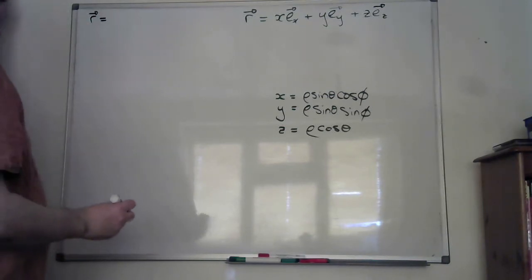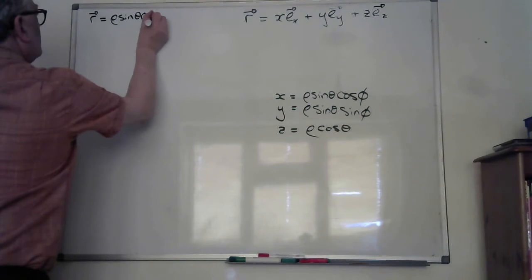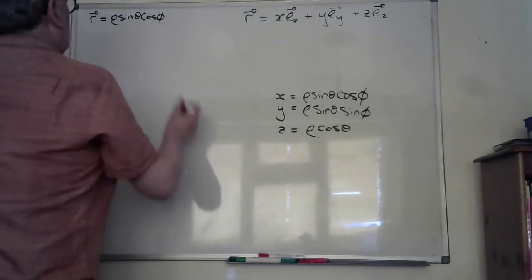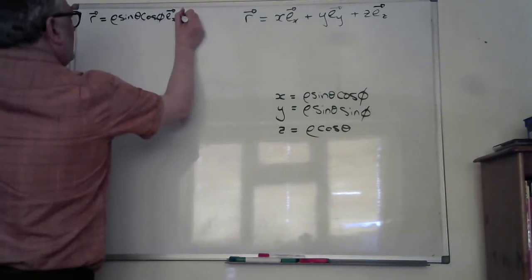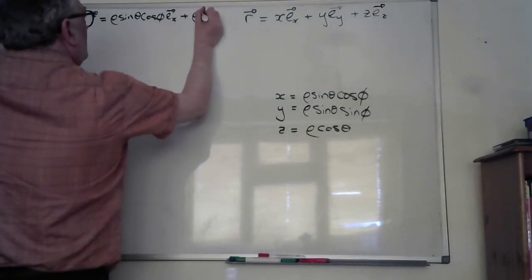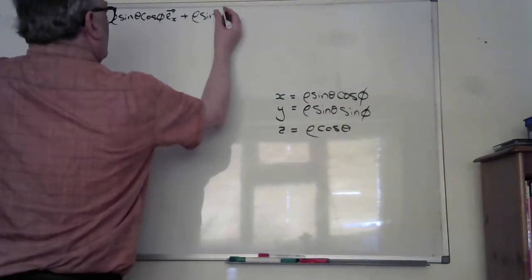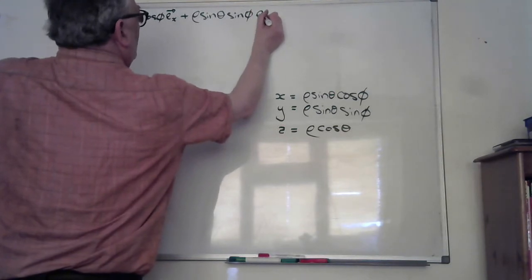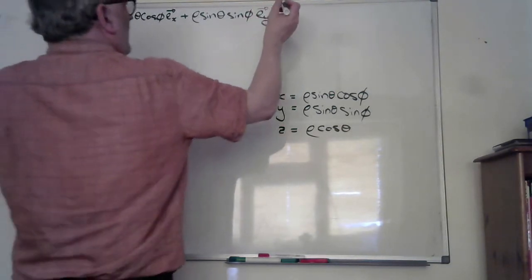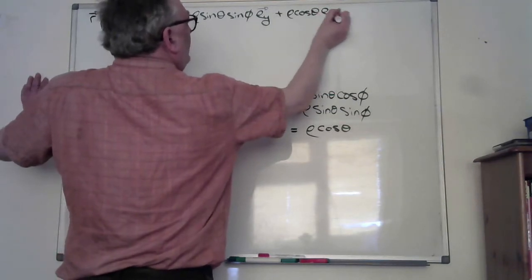We've got our position vector r equal to rho sine theta cos phi multiplied with the e sub x basis vector, plus rho sine theta sine phi e sub y, plus rho cos theta e sub z.